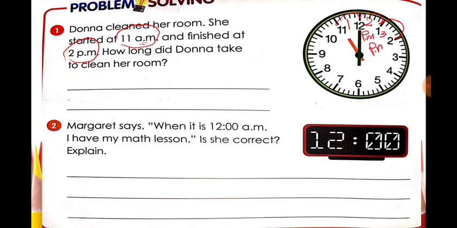I'm in p.m. So, how long did Donna take to clean her room? How many hours? Exactly, 3 hours. From 11 to 12, 1. After 12 is not 13. After 12 is 1. And after 1 is 2.